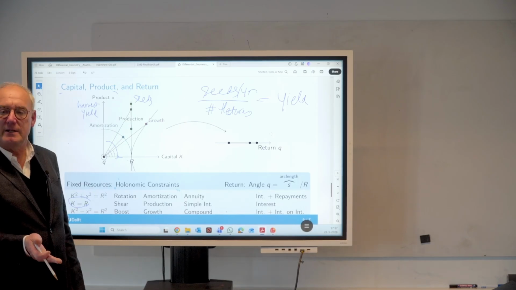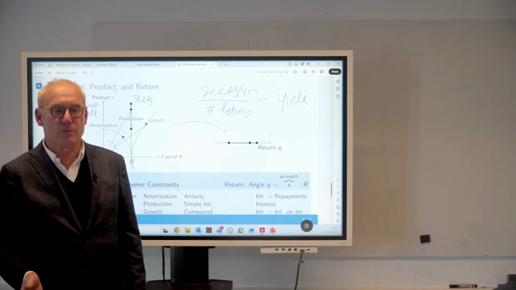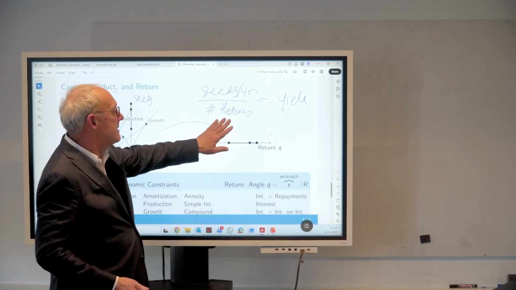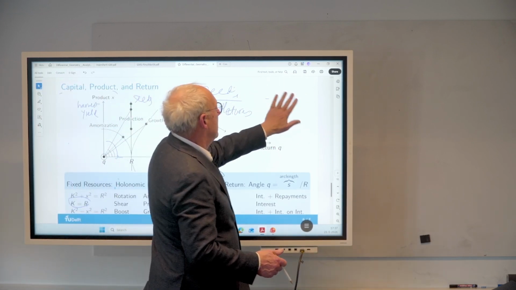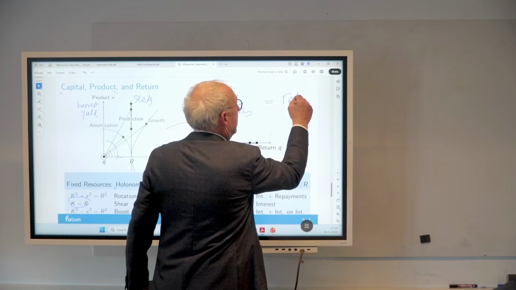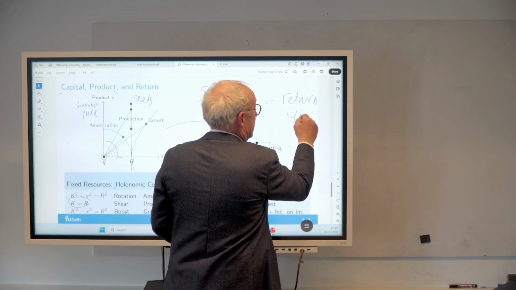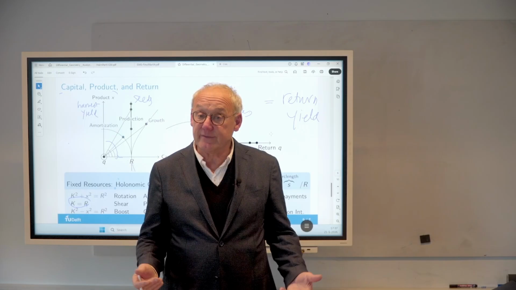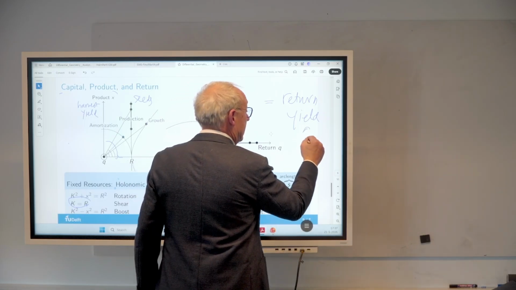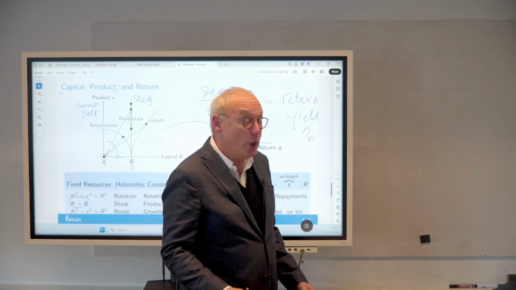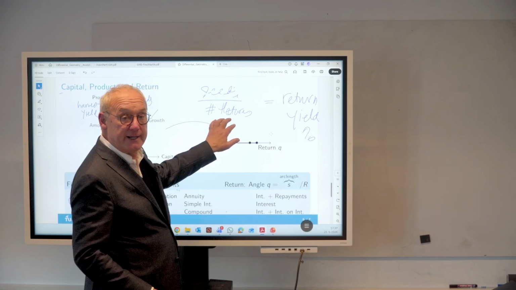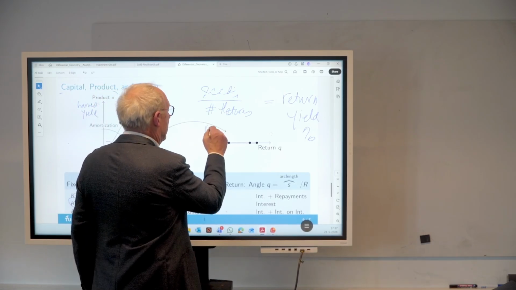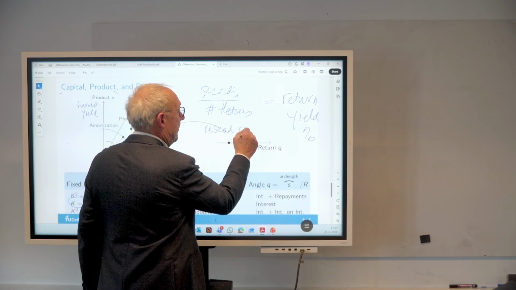That's what we did with the barycentric coordinates as well. So we give this angle, and it corresponds to the return. In this case, that's the same as the yield. Not a percentage, because it's seeds per hectare, and people don't like that. You know what they do? They have something they call the reseed ratio.